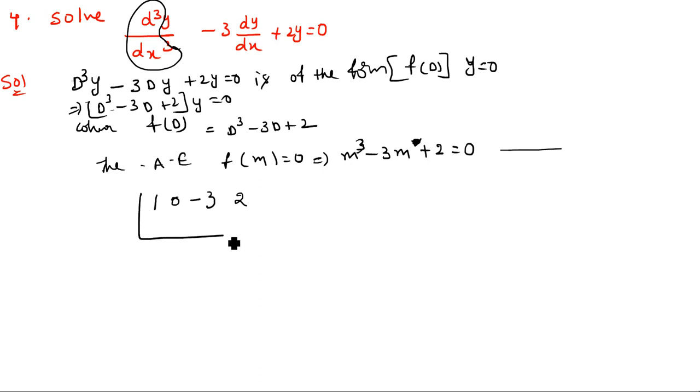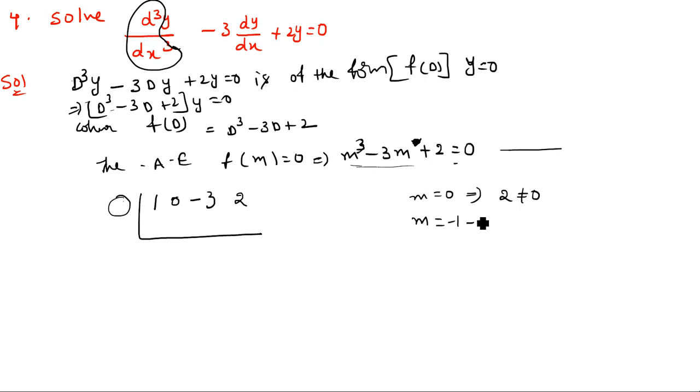Now you have to take one value which satisfies this equation. Suppose we take m equals to 0 and substitute: we get 2, which is not equal to 0.